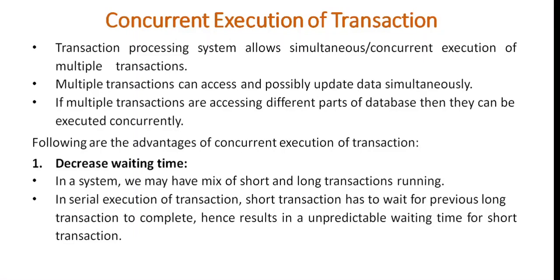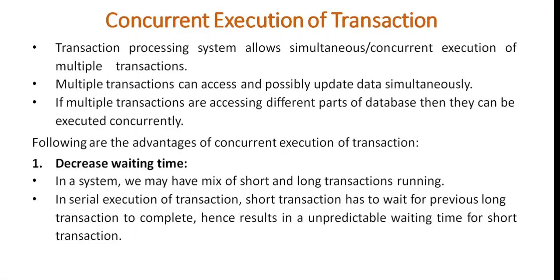When we have a number of transactions, some of them are short and some are long. If we execute these transactions serially in a system, then sometimes a short transaction has to wait for the long transaction to complete.